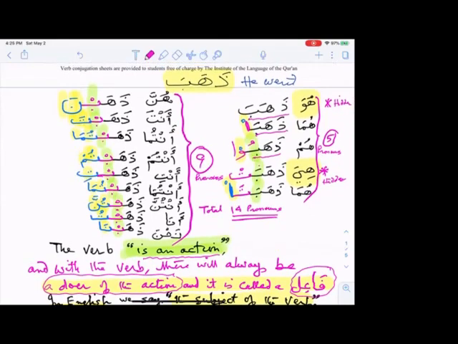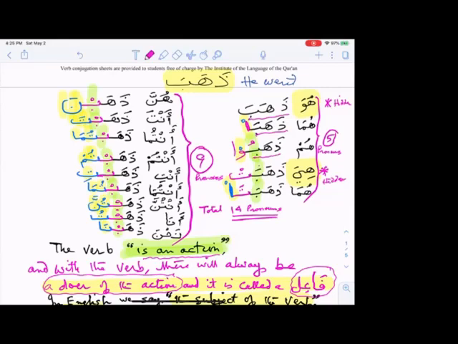Again, huwa zahaba, huma zahaba, zahabu. Hiya zahabat, huma zahabata, hunna zahabna. Anta zahabta, antuma zahabtuma, antum zahabtum.